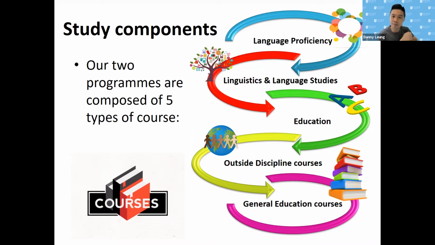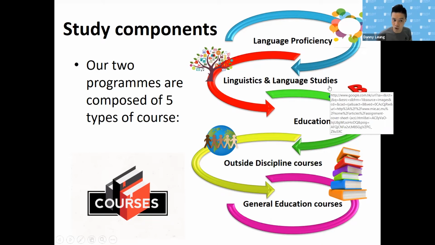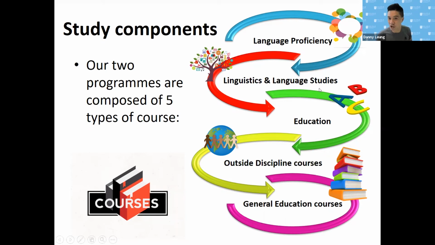But apart from how you can communicate using the English language well, you have to know how the theories and skills can actually help you analyze the English language in these linguistics and language studies courses, as well as literature courses. All right.